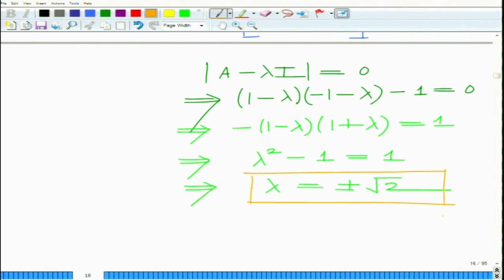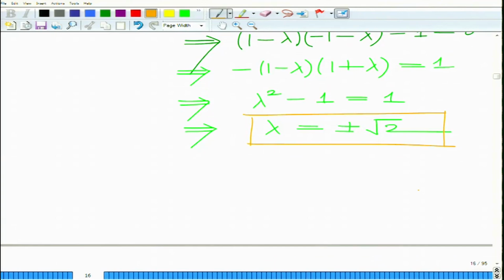So, these are the eigenvalues of the matrix A.